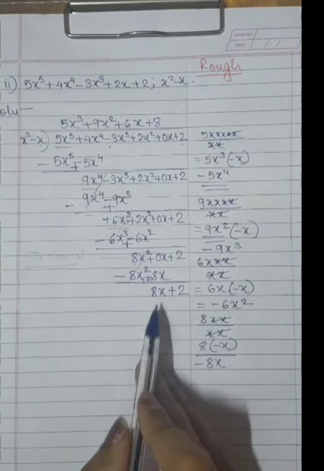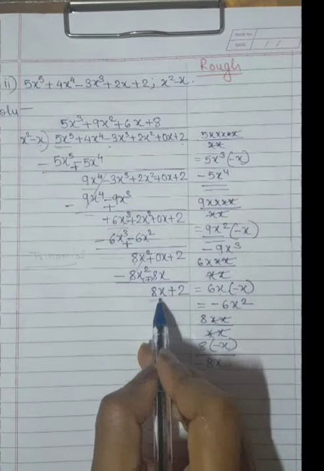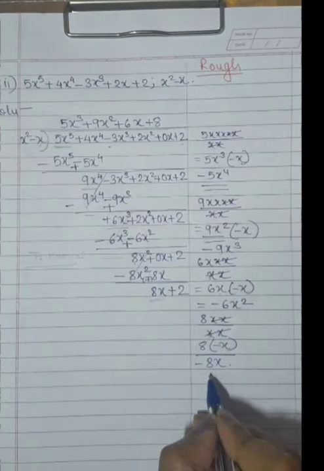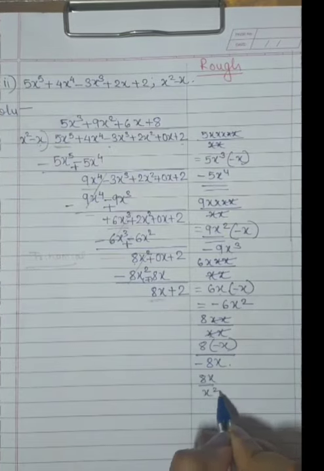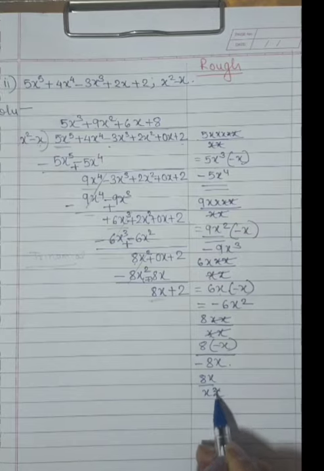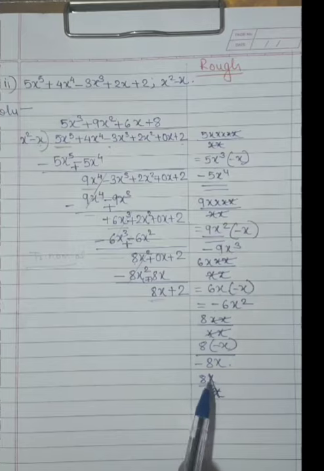So we got again 8x. If we divide 8x with x², the x will cut, then the answer will come with x in the denominator, so it is not correct.